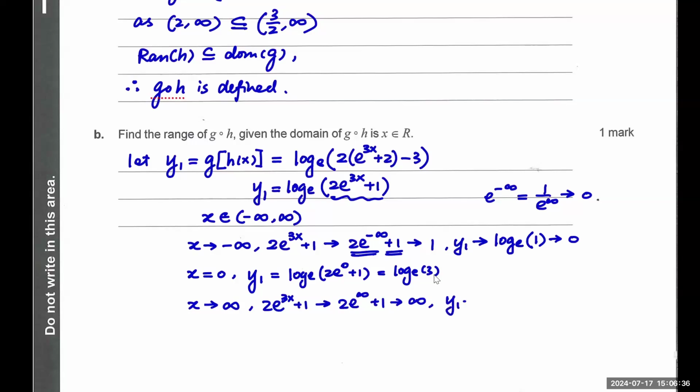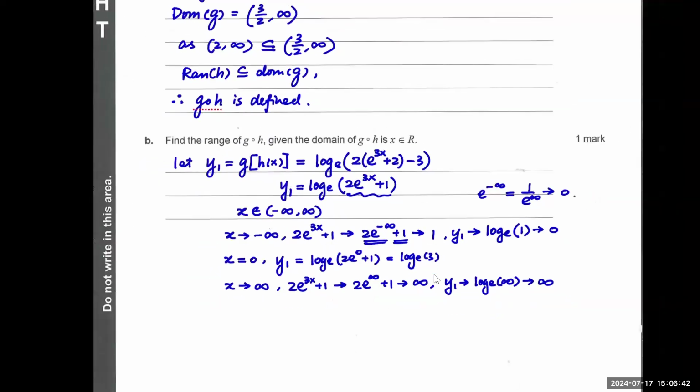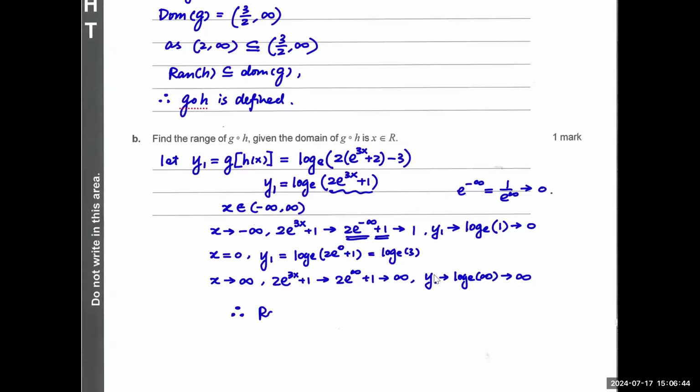And y1 is approaching log e of infinity, which is also infinity. So eventually the range of GOH equals 0 to infinity. Of course, the 0 must have an open circle rather than a closed circle. It approaches 0, but never equals 0, okay?